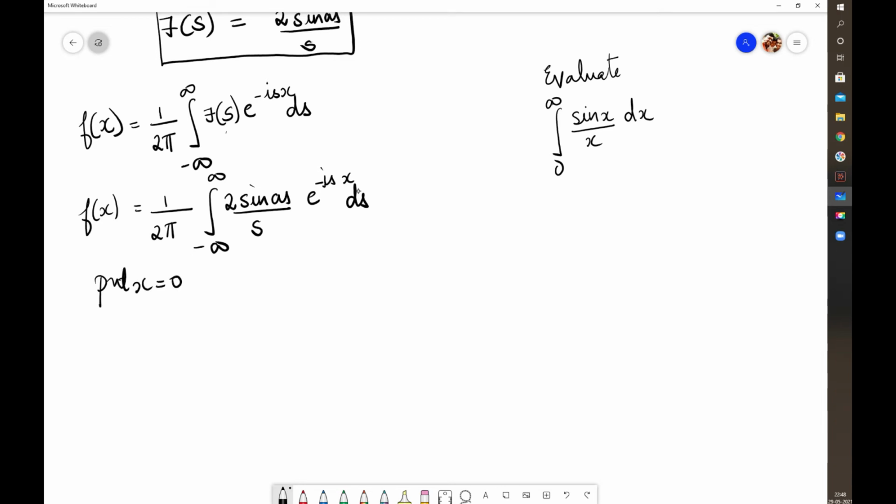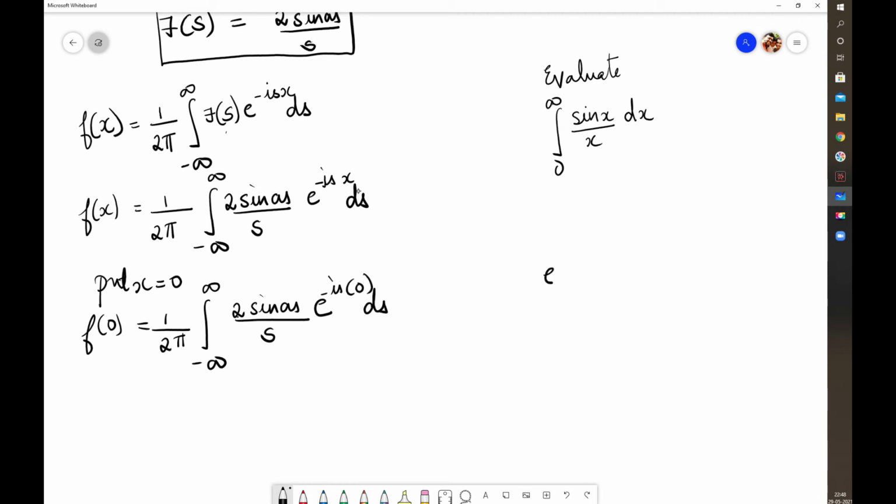So if I put x is equal to 0, what happens? This becomes f of 0 is equal to 1 by 2 pi, integral from minus infinity to infinity of 2 sine as by s, e to the power minus isx with x = 0, ds.